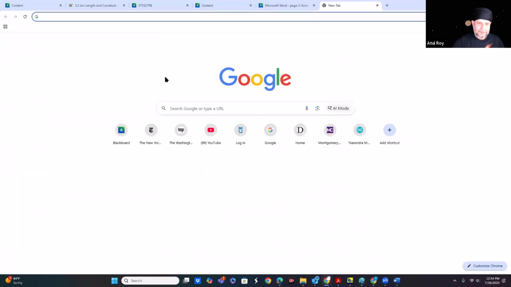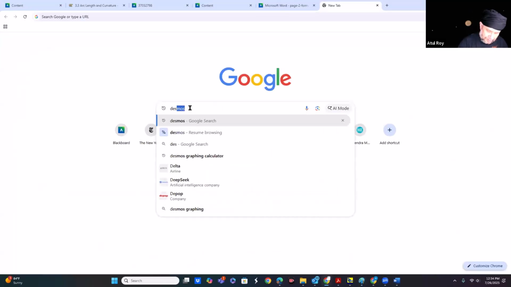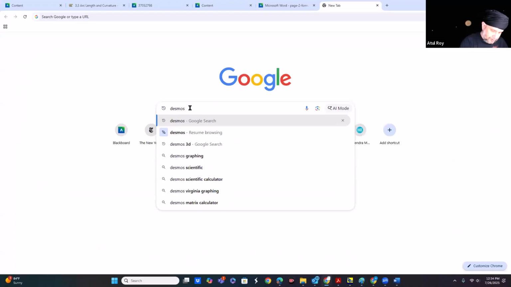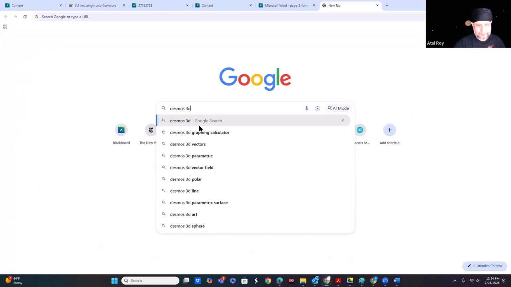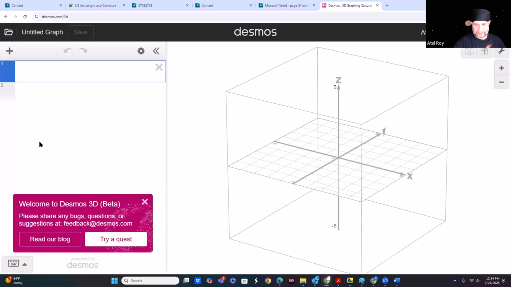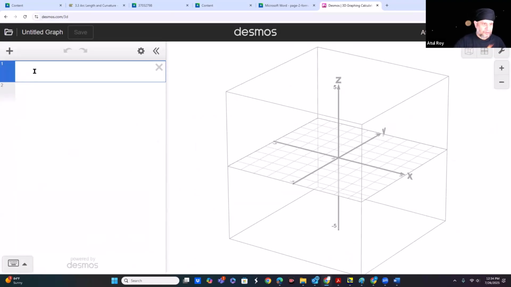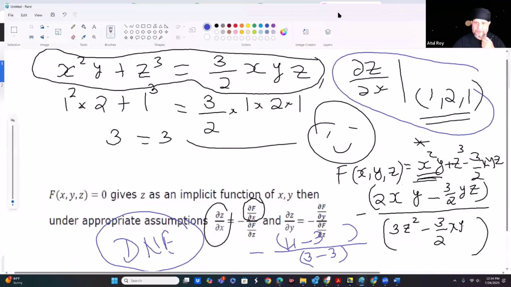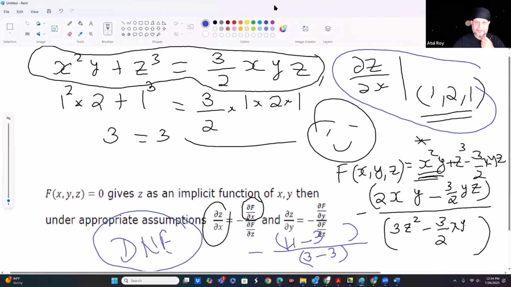Okay, so here, 3D. I'm doing it just for the sake of it. So what was the equation? Let me get that on a separate screen so that I can see it.